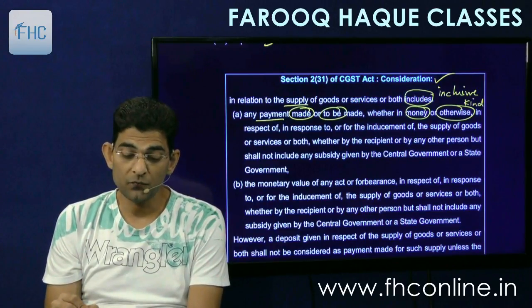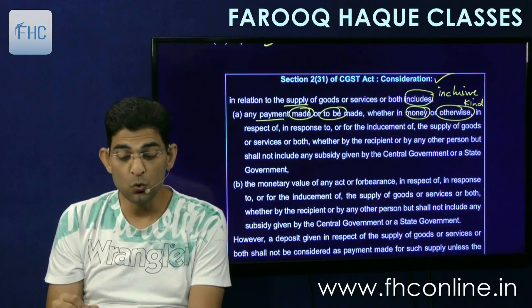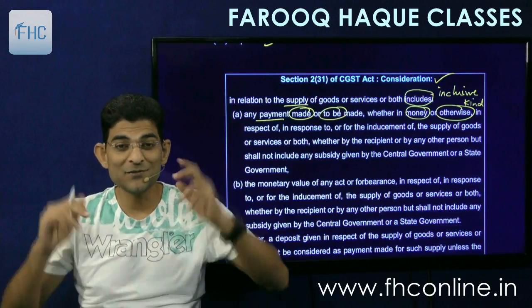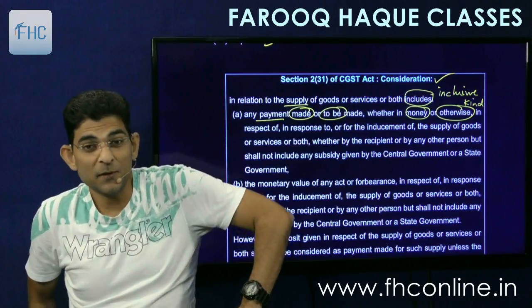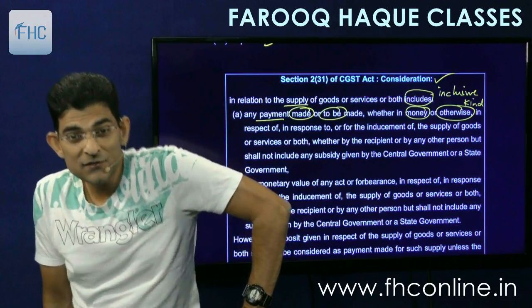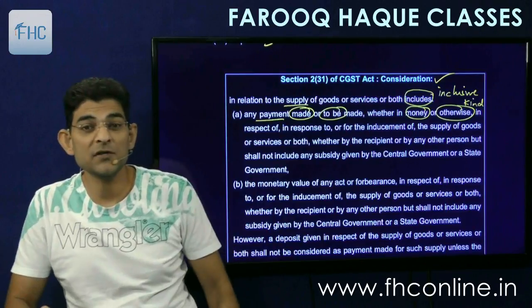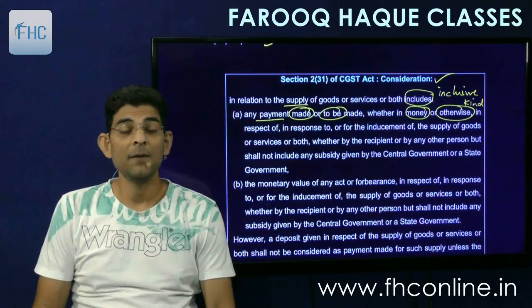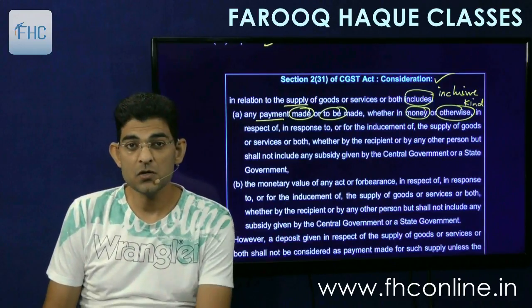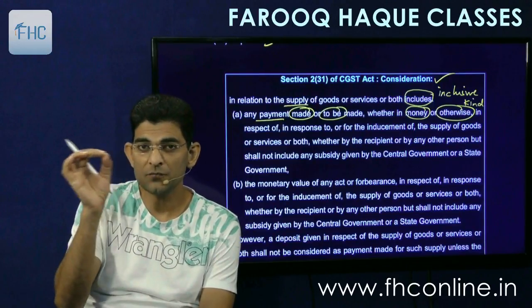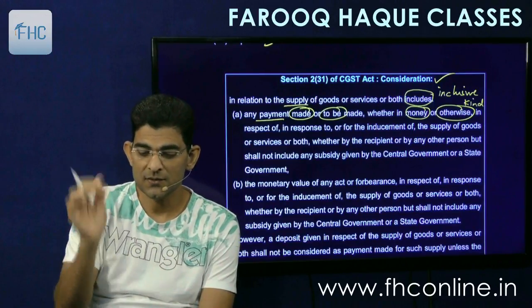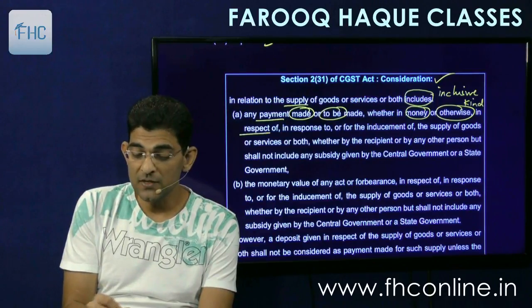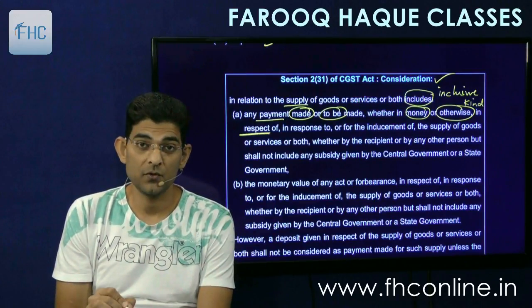In respect of, in response to, or for the inducement of. Now 3 very interesting words. So these are the characteristics of payment. Which payment will be called consideration? Every payment is not consideration. A payment to be called consideration should fall within any of these 3 characteristics. The first is in respect of.